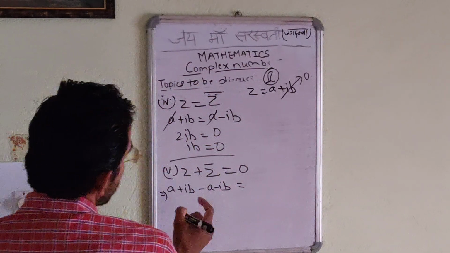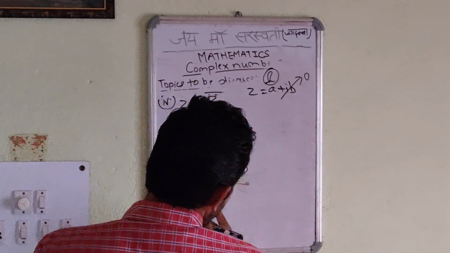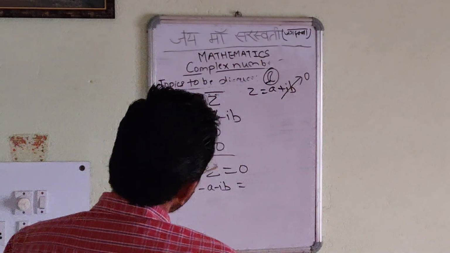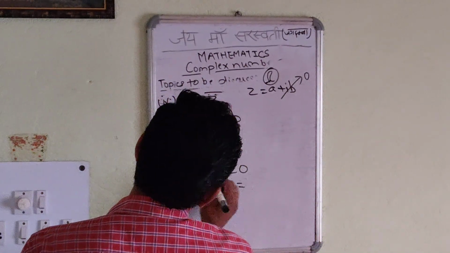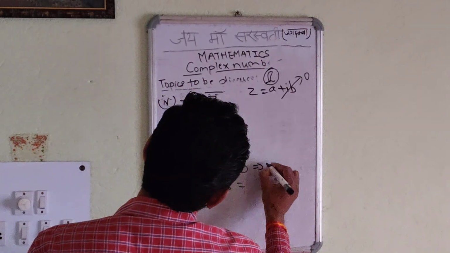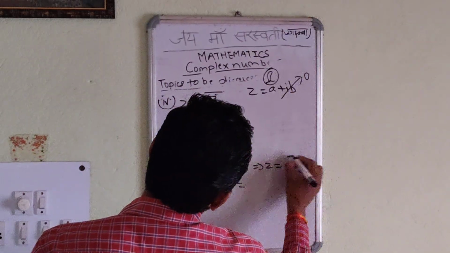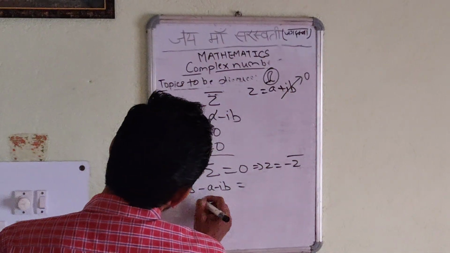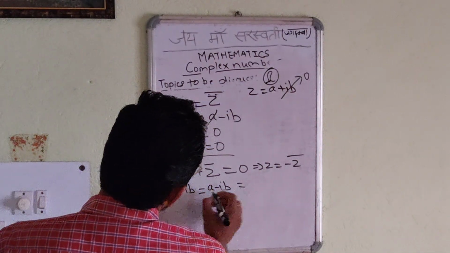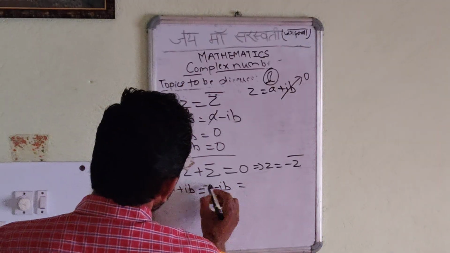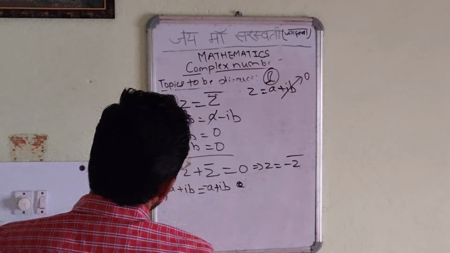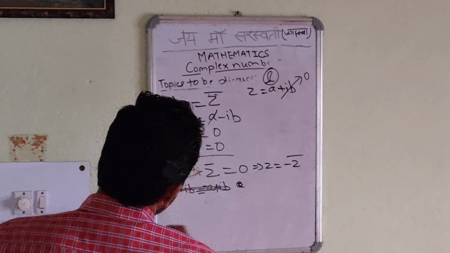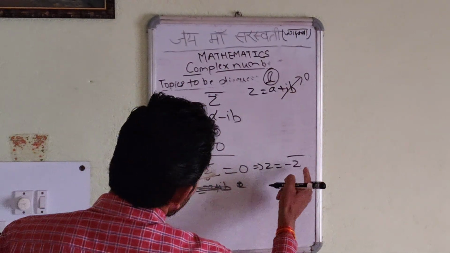If it is 0, in such cases we can see that this is particular. Suppose z is equal to a plus ib, and z is equal to minus of z bar. We can write it like this: a plus ib is equal to minus of z bar.